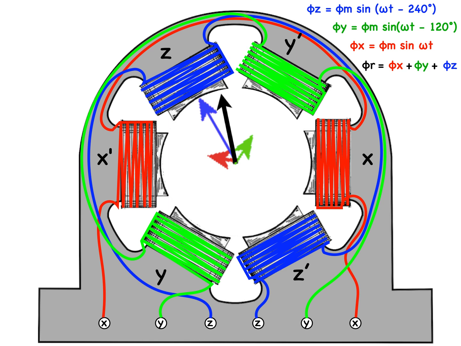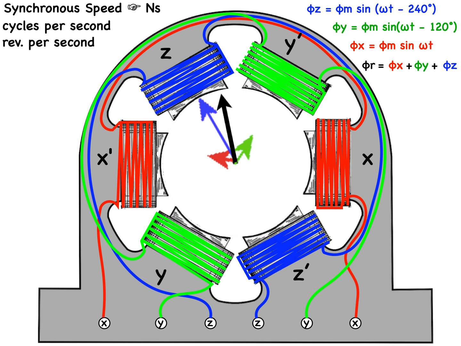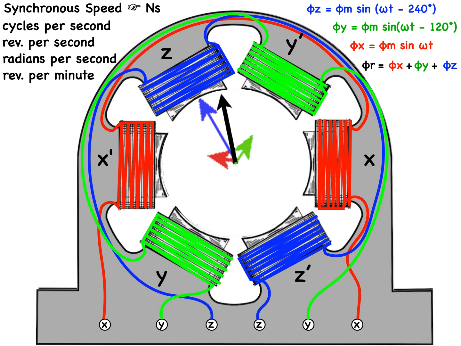The speed of the rotating field is known as synchronous speed and is designated n_s, and can be in cycles per second, also known as revolutions per second, or it can be in radians per second, or it can be in revolutions per minute. It doesn't matter which designation you use, because they all can be converted to one another by a single factor, such as pi radians equals 180 degrees.